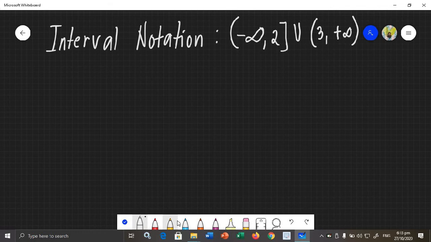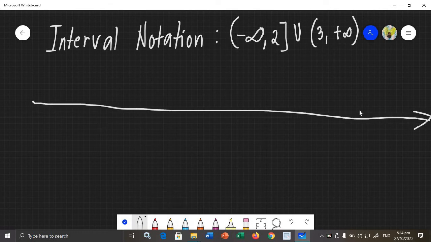So, how do we able to plot that in a number line? So, let's say that is your number line. And then, I have here 2 and then 3. Magkasunod lang sila sa number line. So, if I'm going to plot this or graph this in a number line, 2 is included in the solution kasi brackets yung kasama niya sa interval notation.